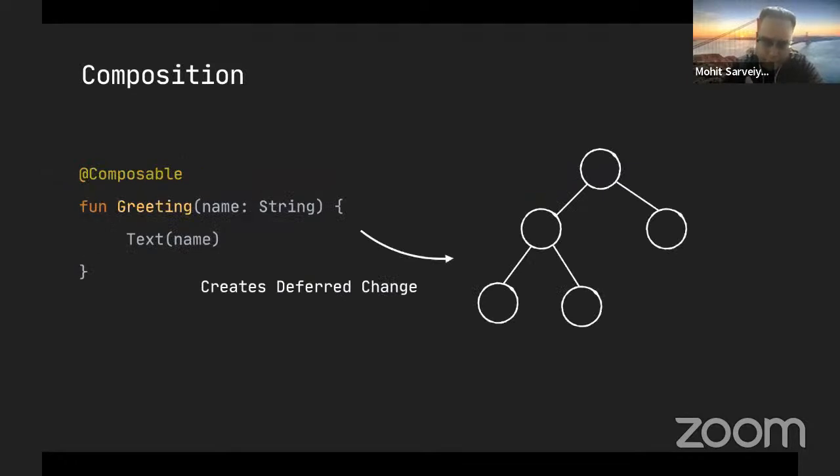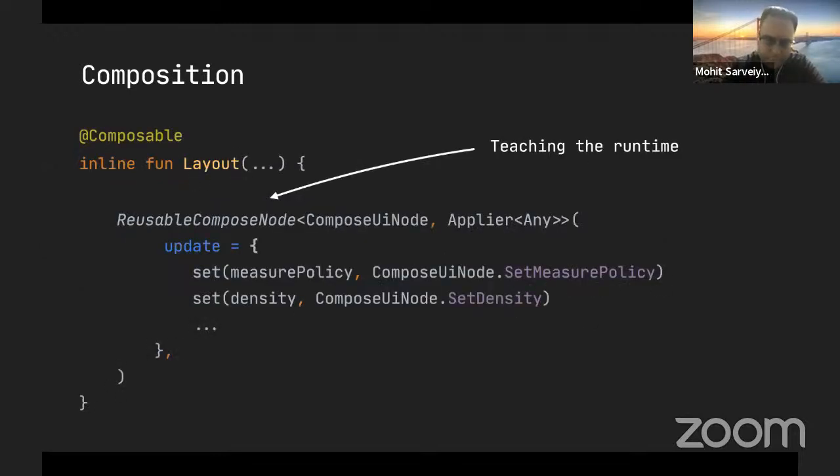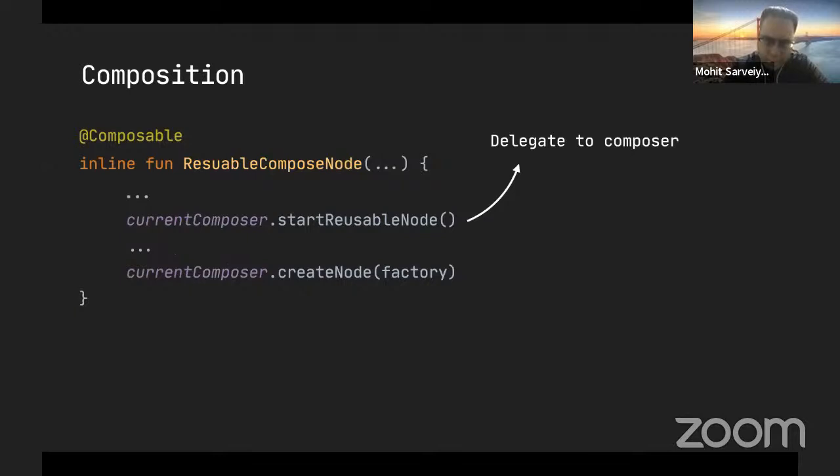So what it does is that it defines some change. The composable method emits a change for your composition tree. So here's an example in Compose UI, there's a Layout. And you can see here in this example how it's basically teaching the runtime what are the changes that need to happen, and it delegates those changes to it.